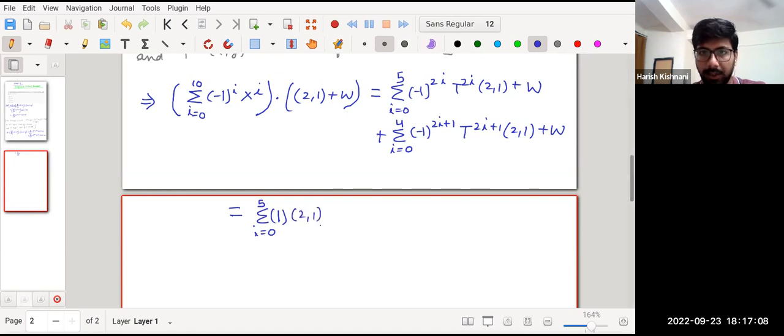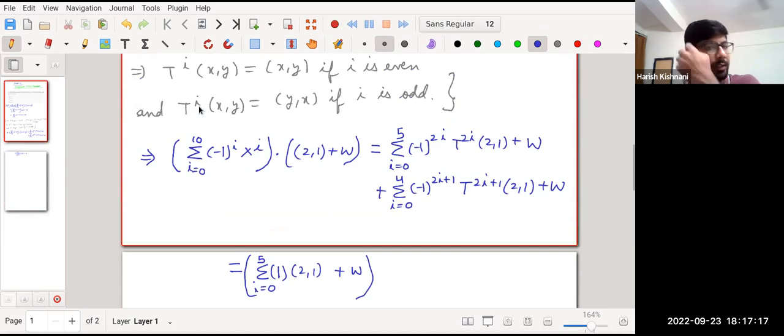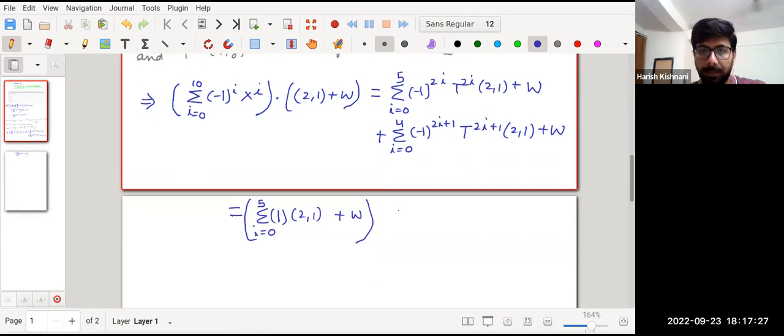We have already seen that here. The T of i is identity if i is even, and it is just the interchanging operator if i is odd. So you will have this plus summation of i equal to 0 to 4 minus 1 raised to some odd number, that is minus 1 times T of 2i plus 1, that is odd.